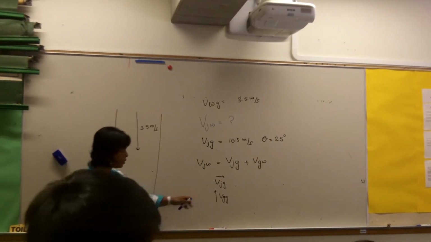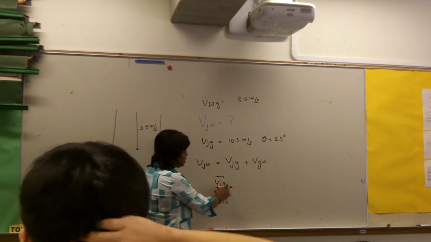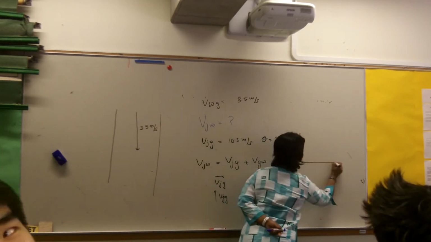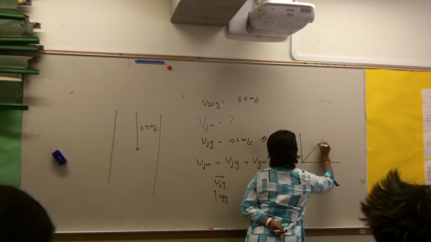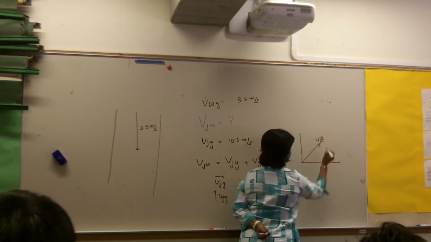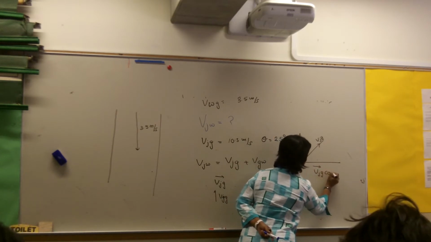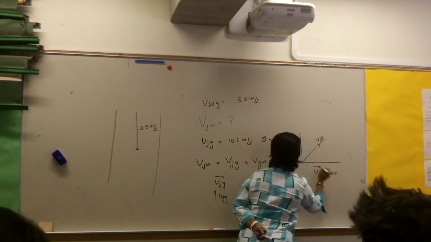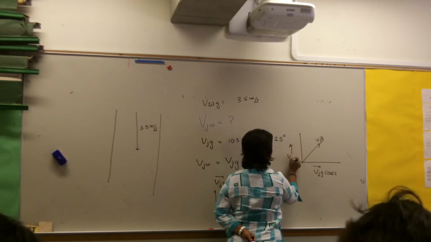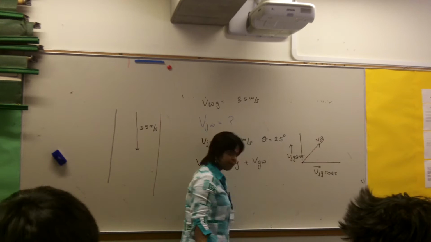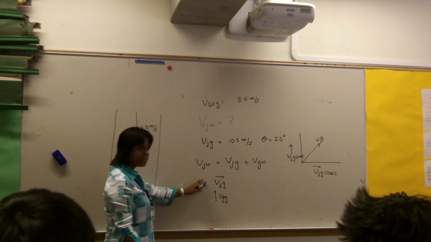Okay? Is that clear to you? So VGJ is 10.5 if you look at this way. So in this direction we have cosine 25, and in this direction we have sine 25. Is that okay? We are doing the same thing, guys.